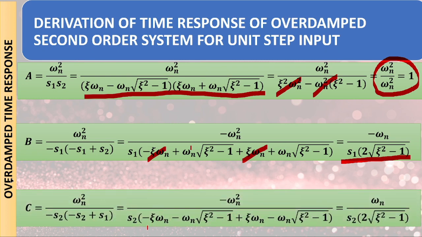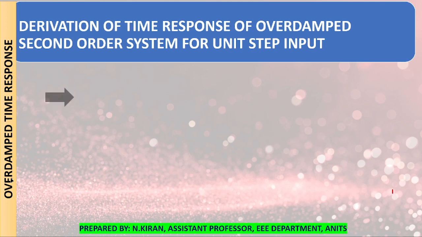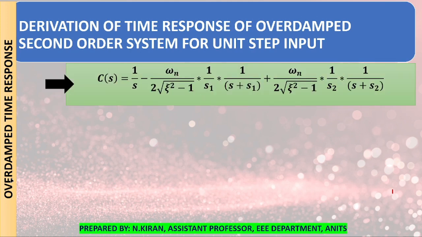And similarly in the value of C, if I substitute the values of s1 and s2, that will ultimately bring my value to omega n divided by s2 into 2 into root over zeta square minus 1. So here these are the modified values of A, B, C that I have obtained.